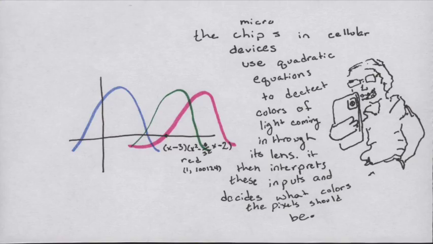So if you think about our cell phones and the way we use light, actually the algorithms that decide what color they're going to put on your cellular device from the picture that you took comes from quadratic equations.